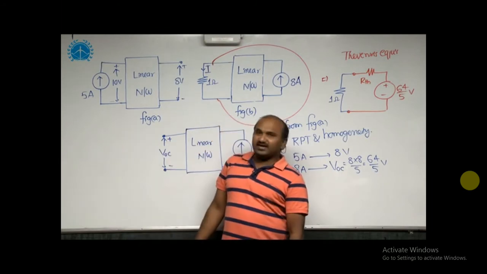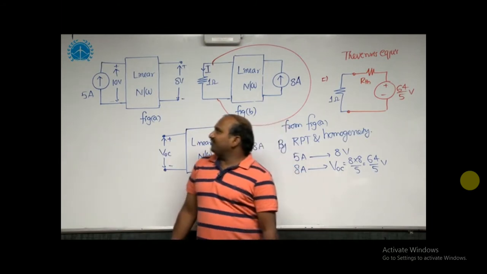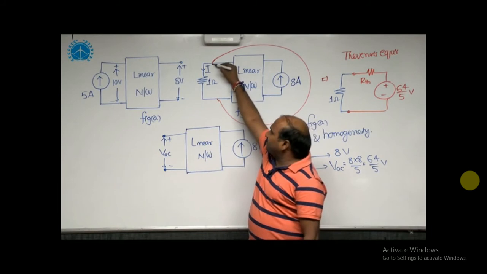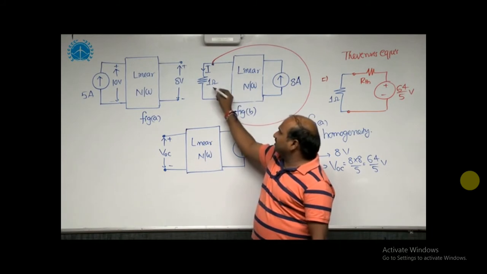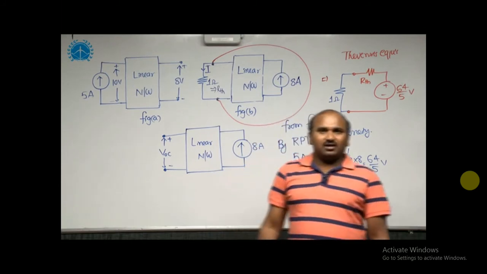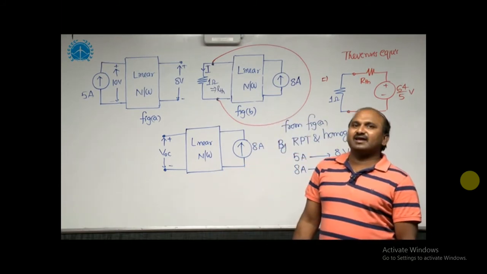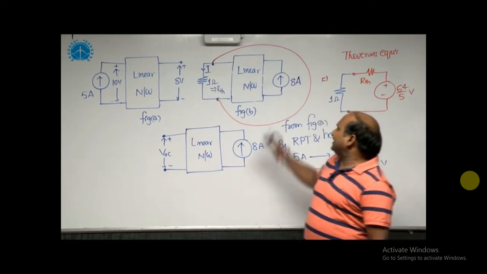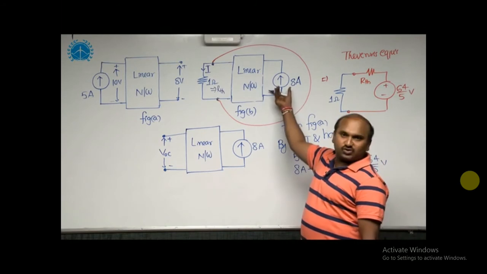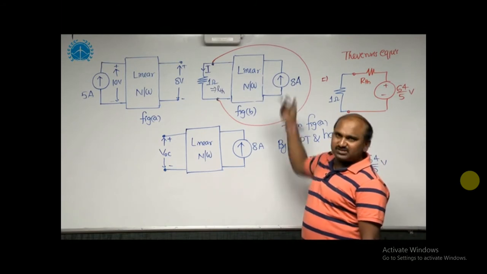From figure A, we need to find out the R Thevenin between these two terminals. To get it, we need to replace all sources by their ideal conditions at internal resistance, nothing but if it is a voltage source, give short circuit, and current source, give open circuit.